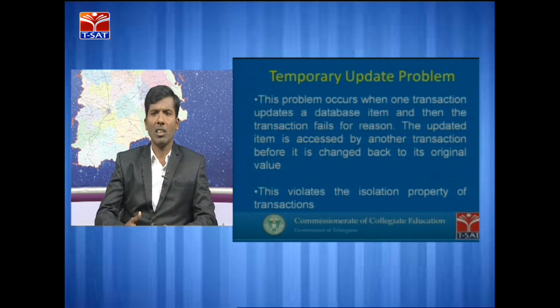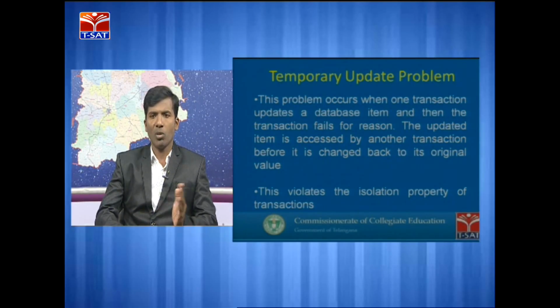At the start itself, I told you, whenever a transaction is allowed to act, it definitely has to follow the ACID properties of a transaction. If any one of them is missed by chance, then we receive a kind of failure, a kind of incorrectness from the database. So a temporary update problem really creates panic in the mind of a user who tries to receive data from a database, because it provides you the information without caring whether the updated information is being given to the user or not.